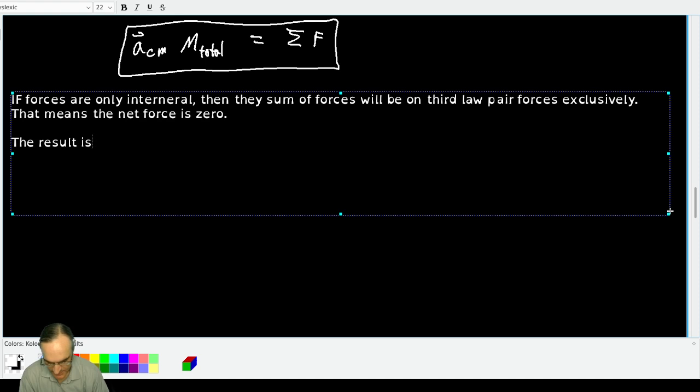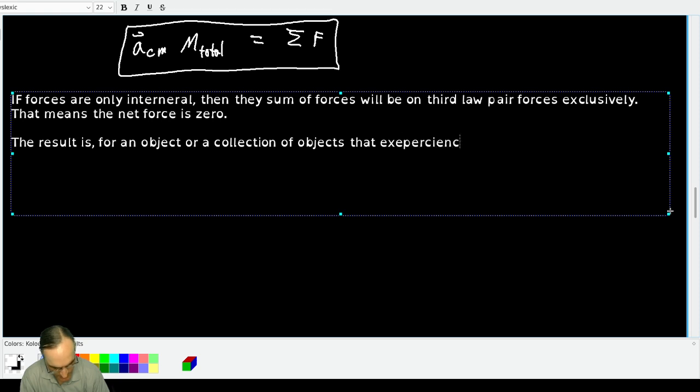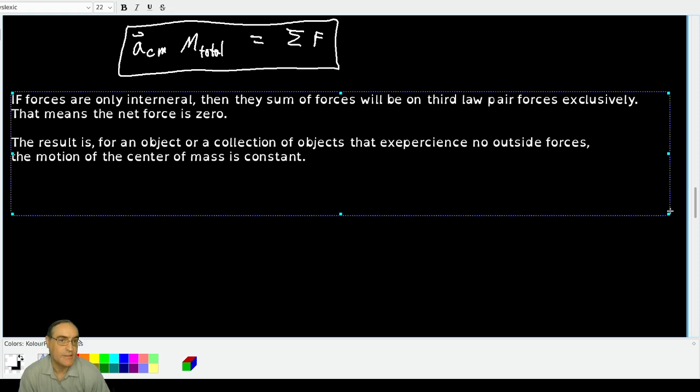The result is, for an object or a collection of objects that experience no outside forces, the motion of the center of mass is constant, completely constant. That's kind of neat.